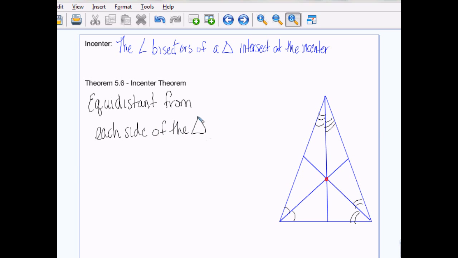So if we had the circumcenter were equidistant from the corners of the triangle, the incenter makes us equidistant from the sides. So this length, and this length will all be the same. Okay. So if we bisect the angles, these pieces are the same.